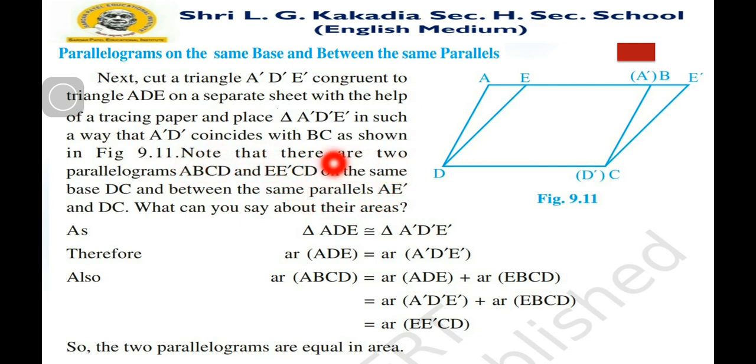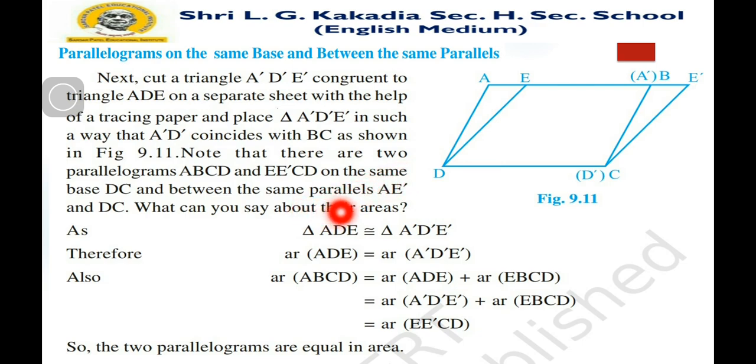Note that there are two parallelograms ABCD and E dash CD. So here you can find two parallelograms on the same base DC and between the same parallels AE dash and DC. Now we want to prove that these two parallelograms are congruent.